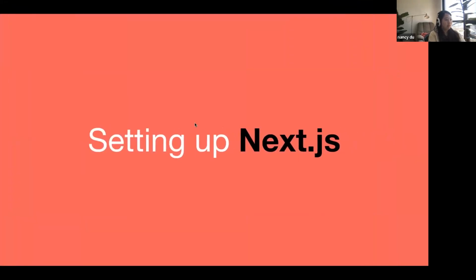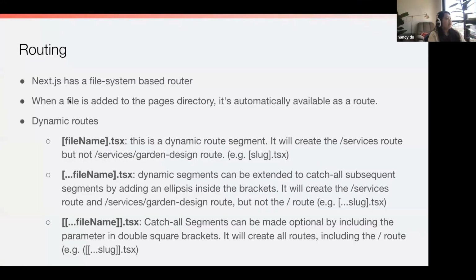So jumping back into our routing. Like I mentioned, Next.js has a file system-based router. So when you're adding new files and folders into the pages directory, it's automatically available as a route in your application. When we're dealing with dynamic routes, however, you can't just hard code the file name.